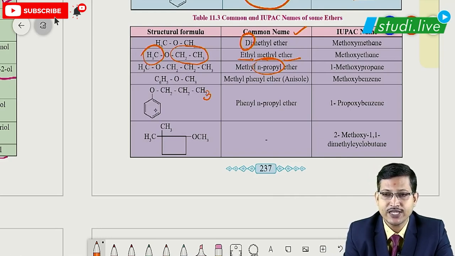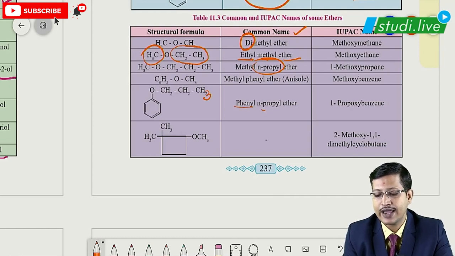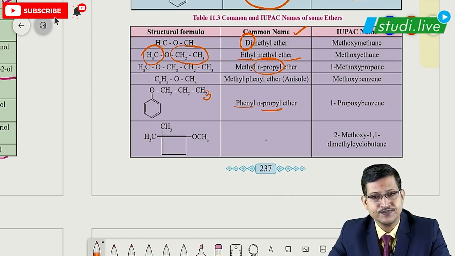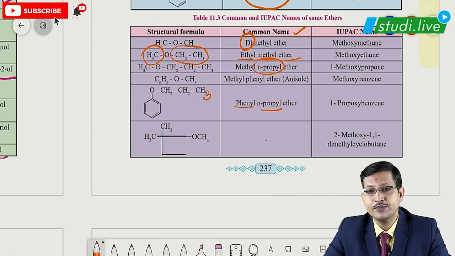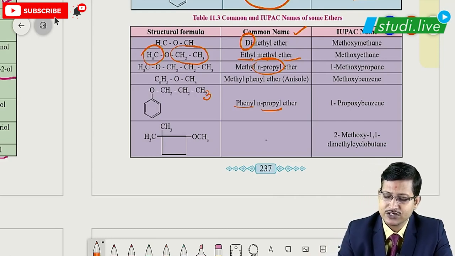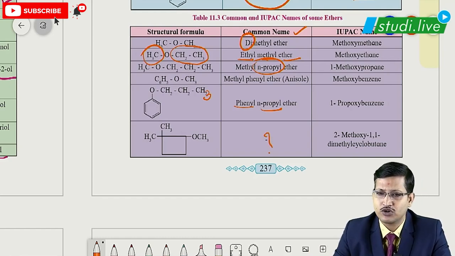So this is phenyl n-propyl ether. Already you know this, if the compound is highly branched, then every time you need not have the common names. It's not necessary that every time you will have a common name. Here the compound is highly branched, so you don't have the common names, not needed.